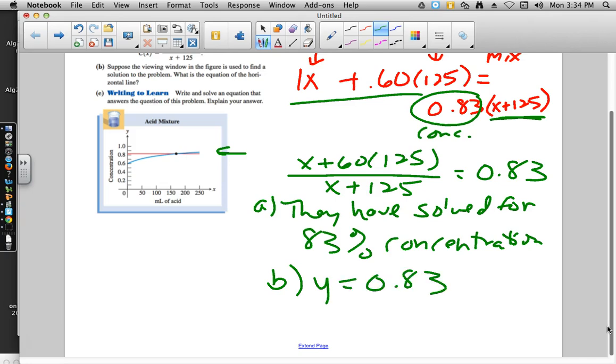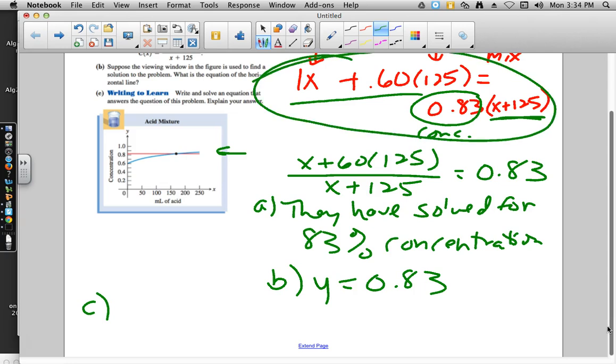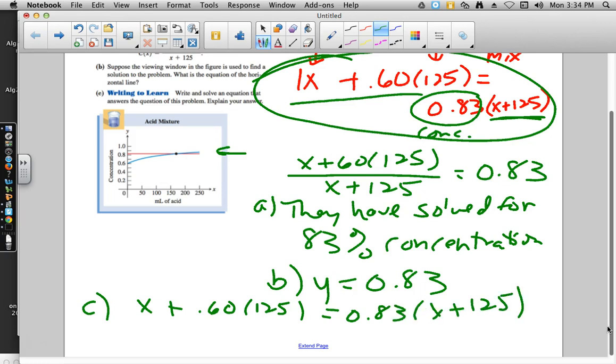0.83. And then C says, what we want to do is write and solve an equation that answers the question of this problem and explain your answer. Well, that's the first one I had up here. That is this equation right here. So X plus 0.60 times 125 equals 0.83 times X plus 125.